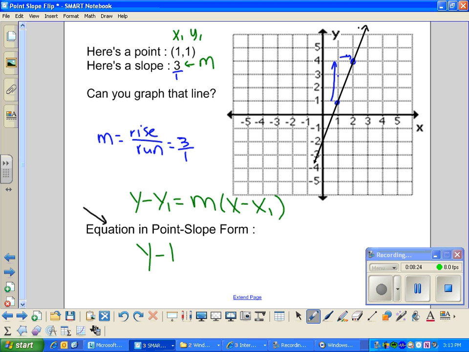It's 1. Equals, what's my slope? 3. X minus, what's my x sub 1? It's 1. I am done. That's my equation in point slope form. Let's move on.